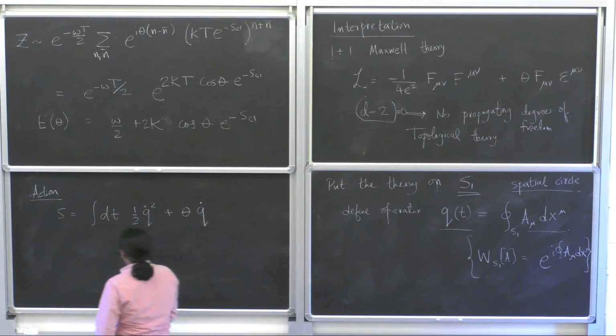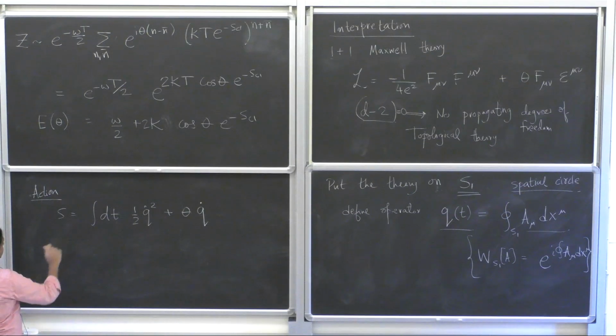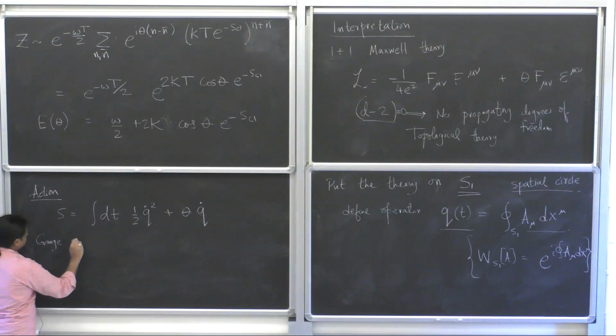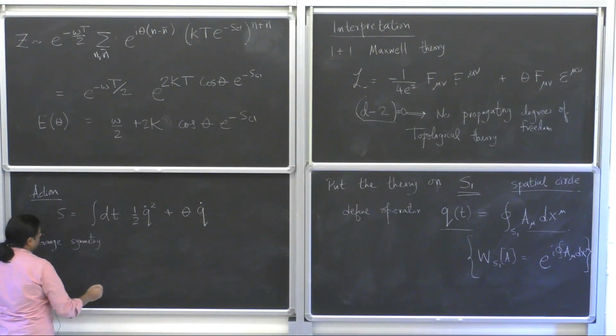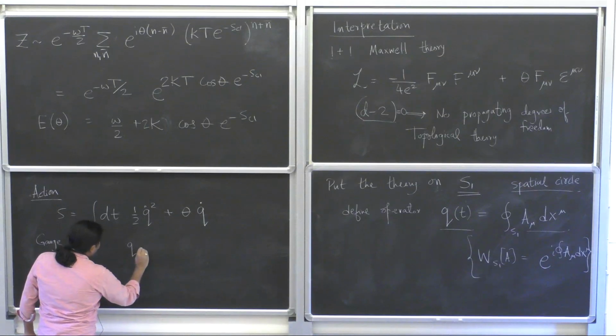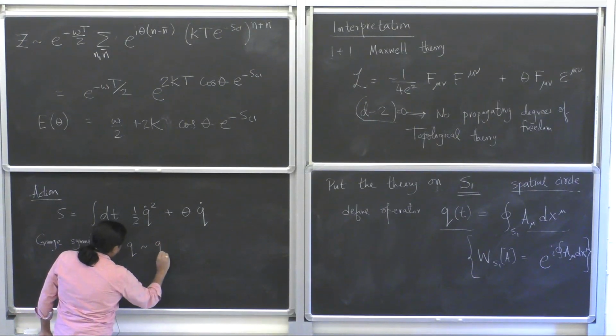Notice the symmetries that we thought about for the particle on a circle. There was a gauge symmetry, which was that Q was identified with Q plus 2 pi.